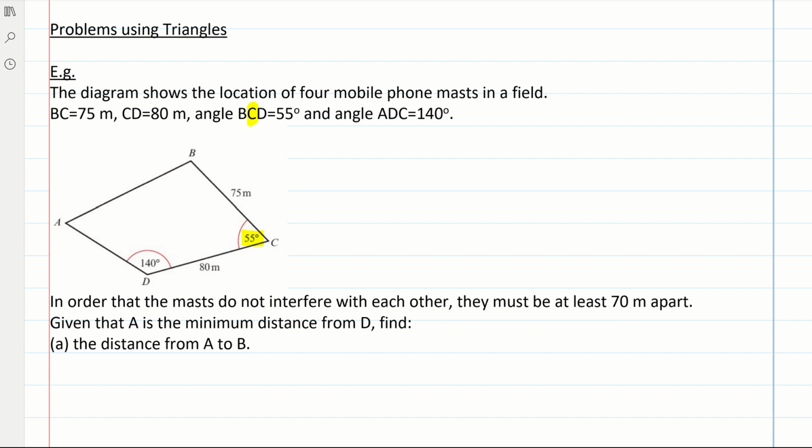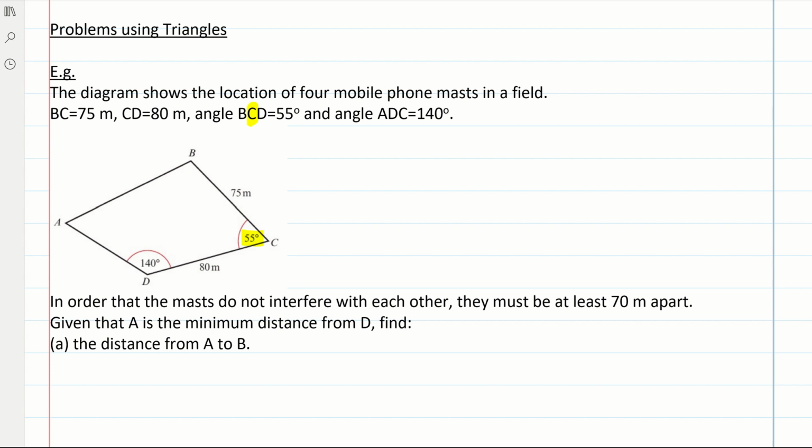In order that the masts do not interfere with each other, they must be at least 70 meters apart. Given that A is the minimum distance from D, find the distance from A to B.